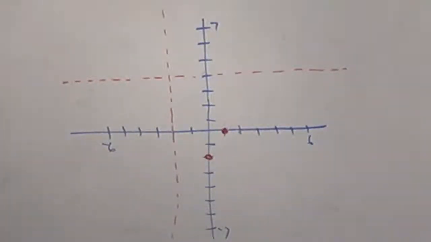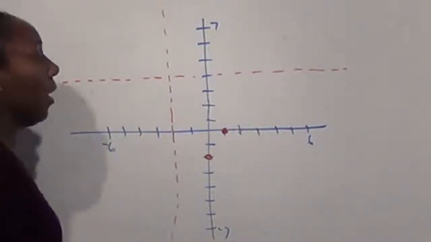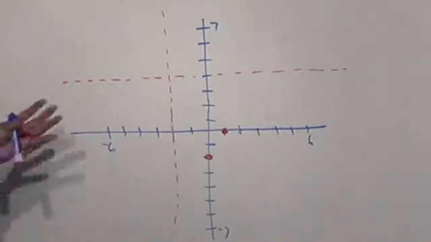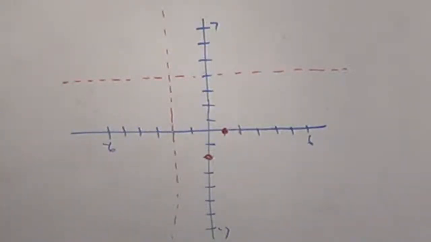Now again, like I said, you can use the end behavior, or the behavior of the asymptotes, to figure out what's going on with the graph without testing points. That's not always going to be the case, but in most cases you can. This is an example of one where I can just use the behavior to figure out what's happening.